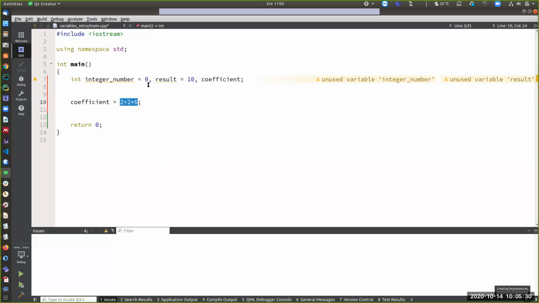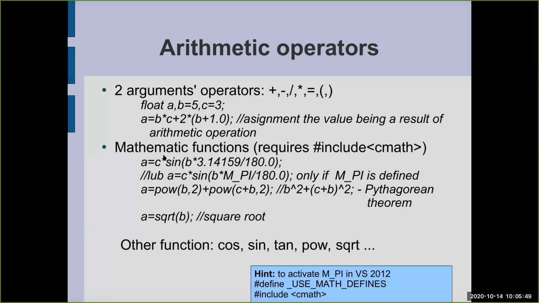But of course, in a moment you will see that there are some discrepancies. So usually it is closely related, but there are some exceptions. Okay, if we include cmath, we can also use sinus, cosinus, and exponentiation.